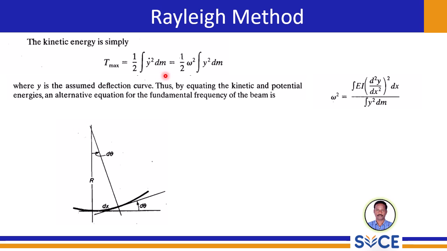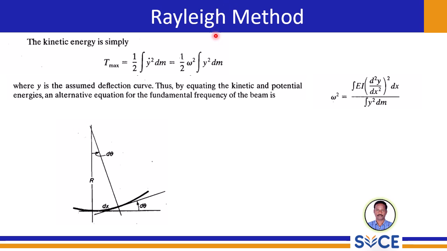Here y is the assumed deflection curve of the beam, dm is the mass element of the beam, and omega is the angular natural frequency.